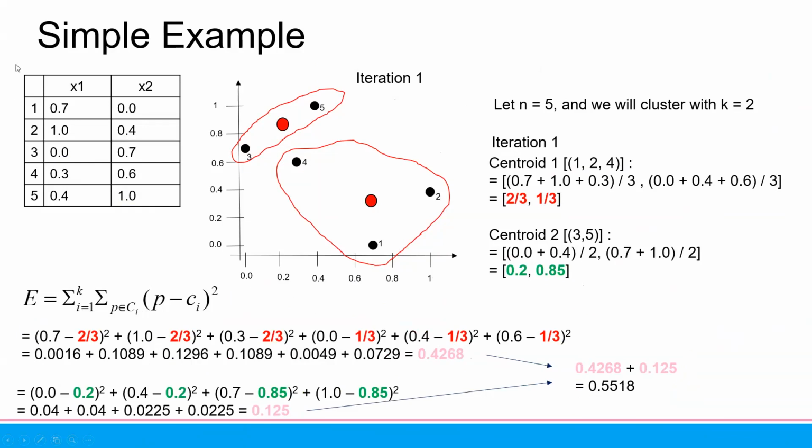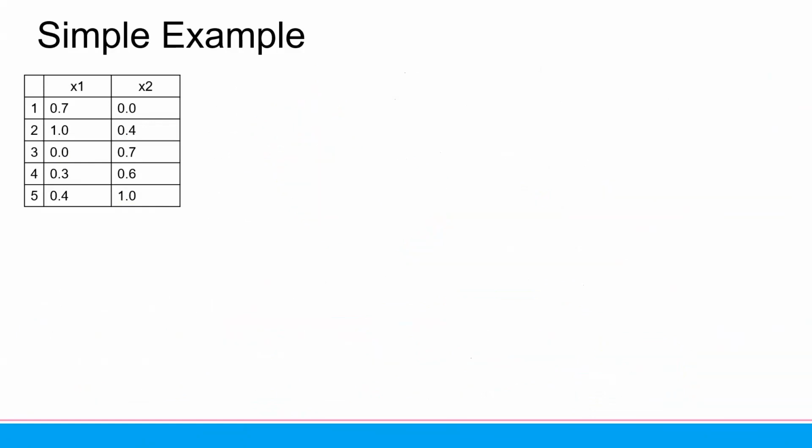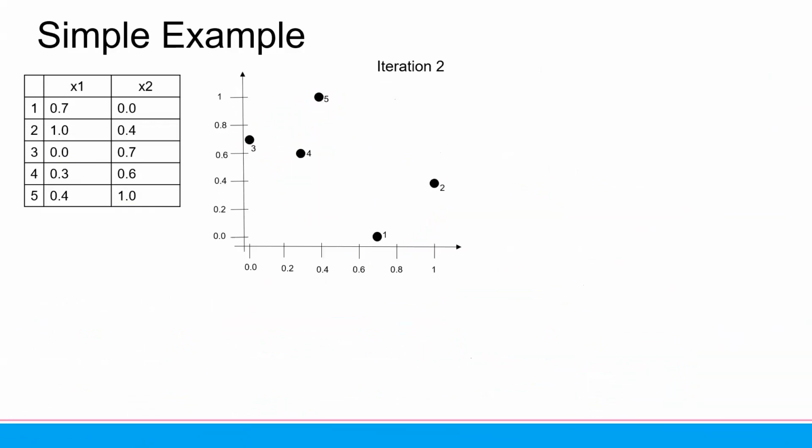Now, after I have the first iteration, I need to check another option. What is the other option? I need to go to iteration number 2. In iteration number 2, now I select different groups.